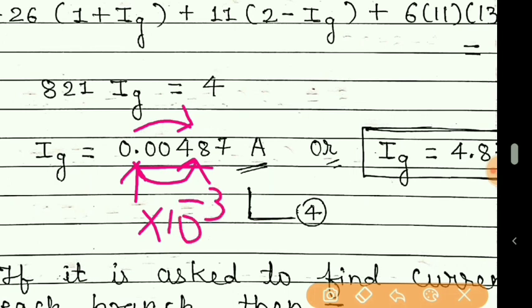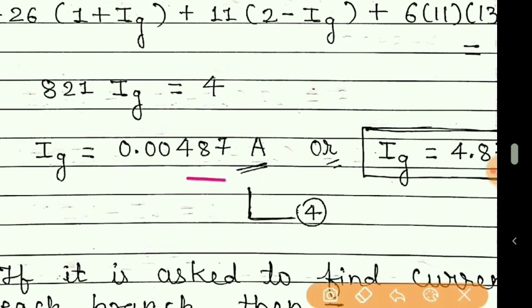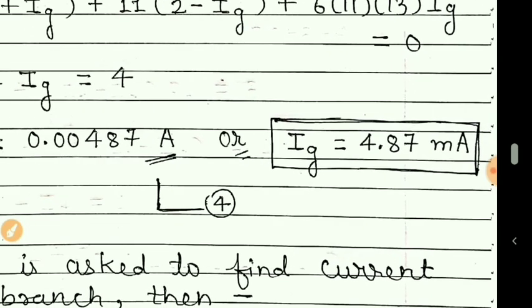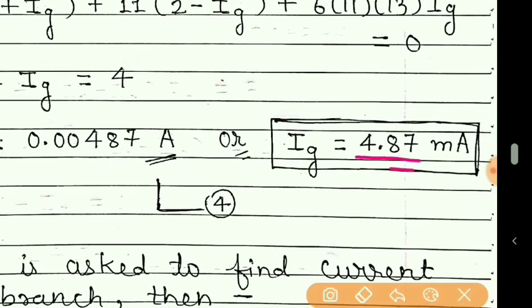So you can write this as 4.87 into 10 raised to minus 3 ampere, but 10 raised to minus 3 means milli. So you can write the same thing as 4.87 milliampere. I hope you understood this.